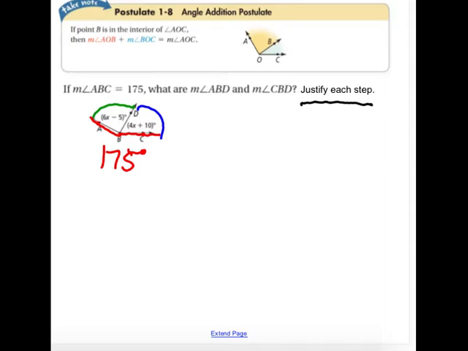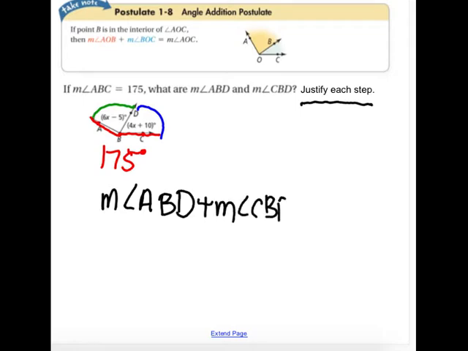So like I said, we know that those two smaller angles, angle ABD and angle CBD, add up to be that big angle, which is ABC. My justify is going to get kind of sloppy. I'm going to call this the angle addition postulate.